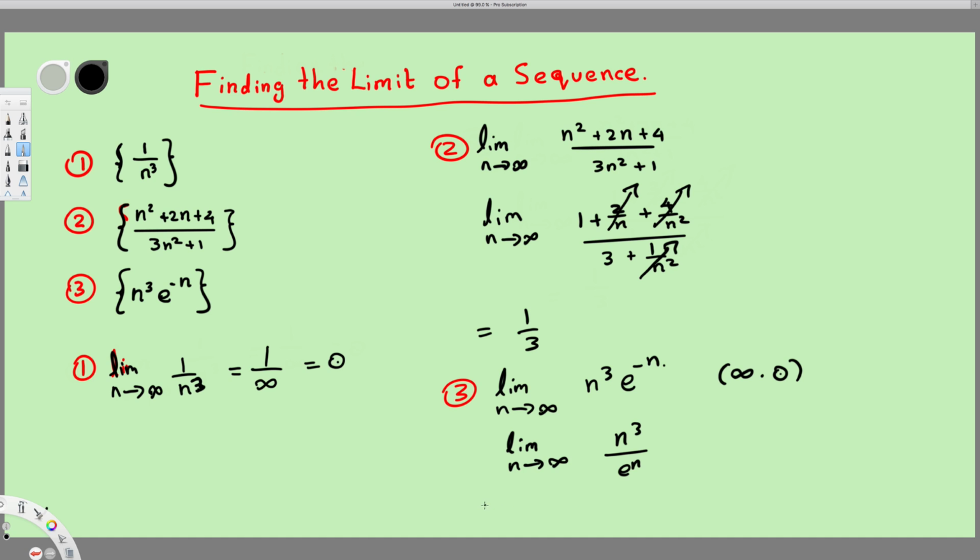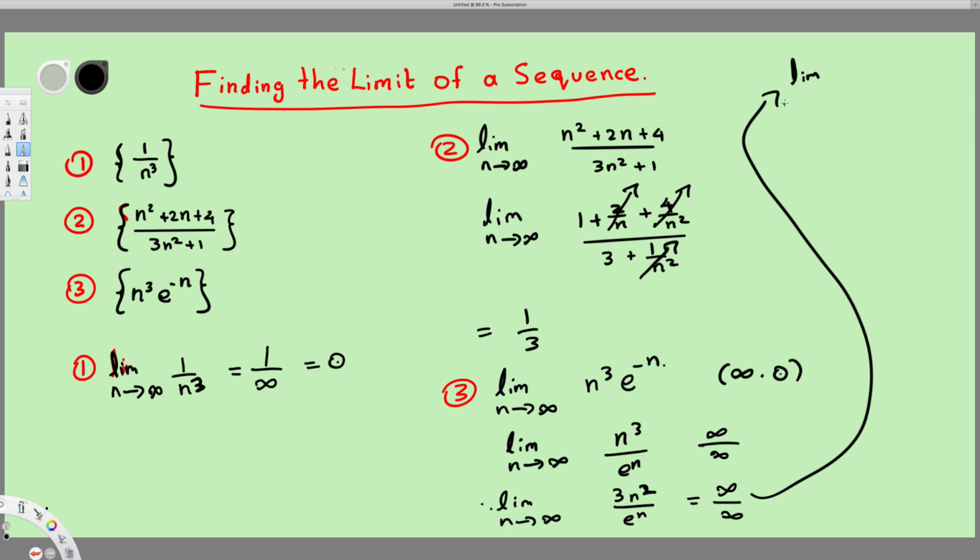Here we have the infinity over infinity pattern. As n approaches infinity, if I apply L'Hopital's rule, this is going to be 3n squared over e to the power n. The derivative of n cubed is 3n squared, and the derivative of e to the power n is e to the power n. Again, if you substitute, you get infinity over infinity, so we have to do L'Hopital's rule again.